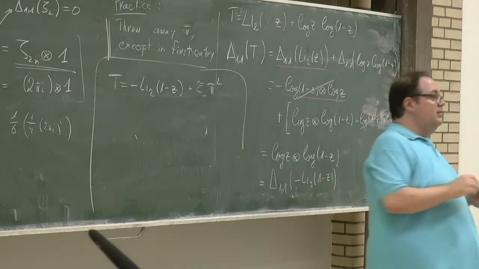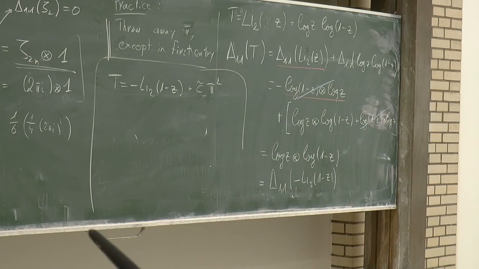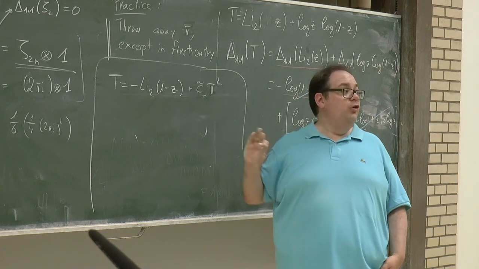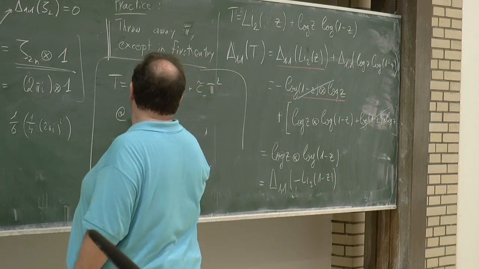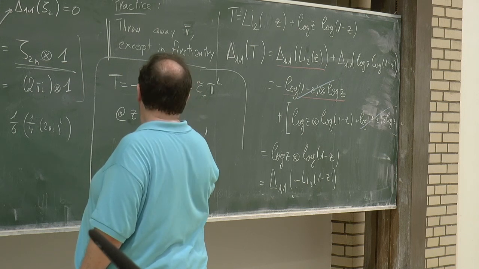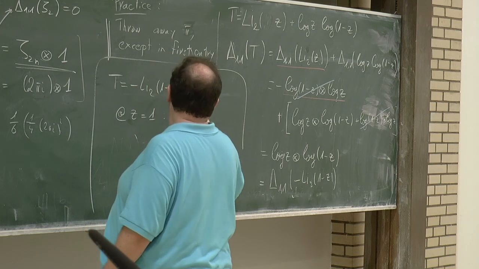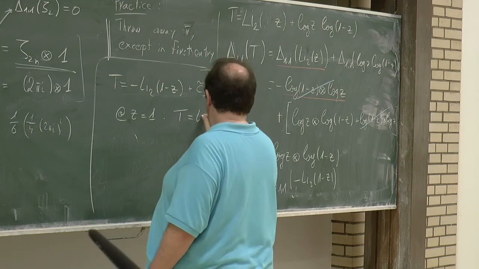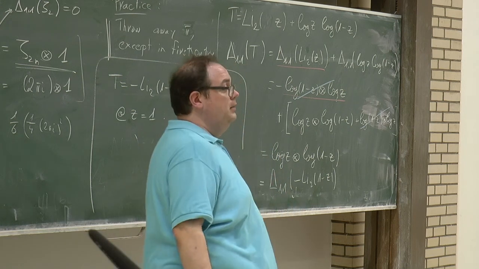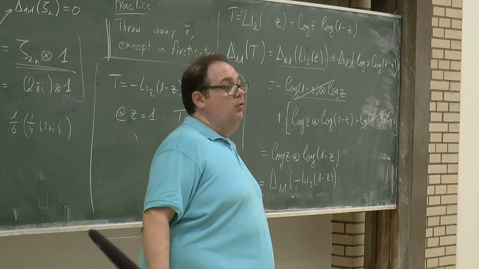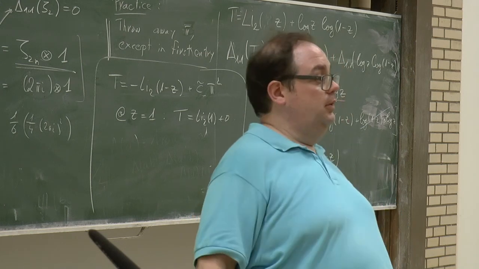What is C tilde? Well, C tilde I cannot get from Hopf algebra considerations. That is like an integration constant. But I can recover it, just like an integration constant, by looking at a specific point. For example, when z is equal to 1, you see from up there that t is V2 of 1 plus 0, because log z goes to 0 faster than log 1 minus z diverges as z goes to 1.